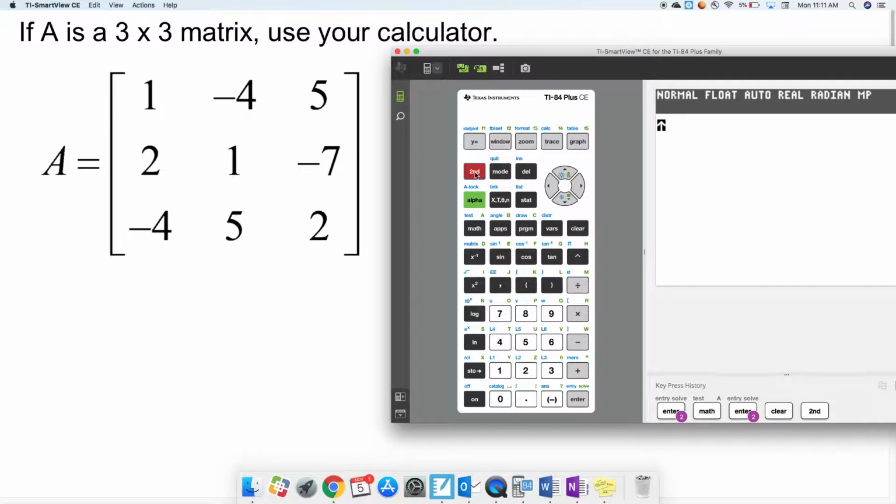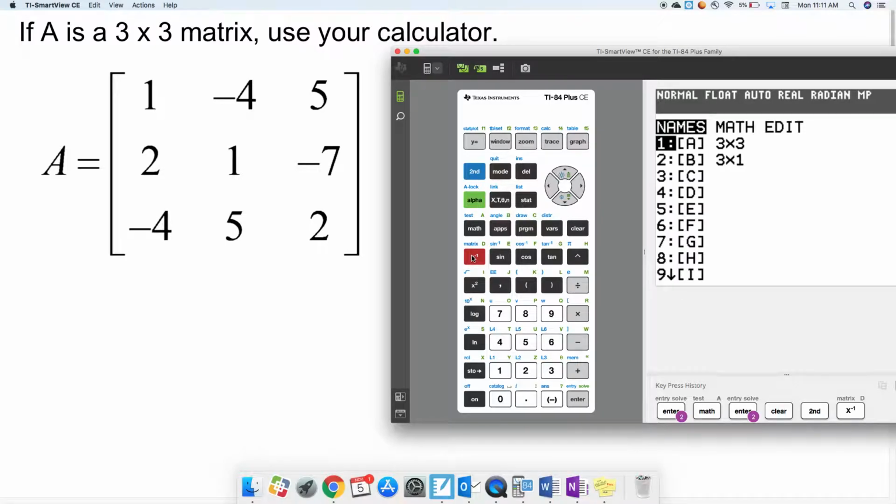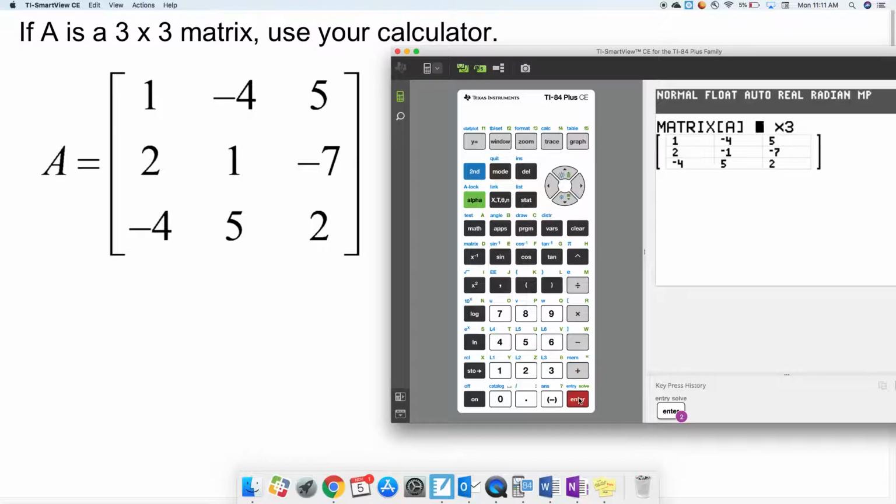Okay, so I'm doing second, x to negative 1. Remember, you got to go over to edit. Okay, and I'm going to edit matrix A. I'm going to make it 3 by 3. So I got my matrix A typed in.